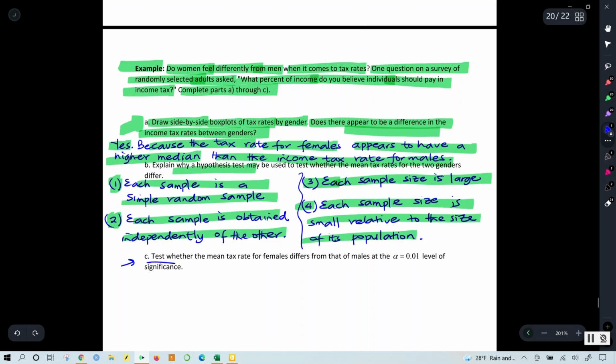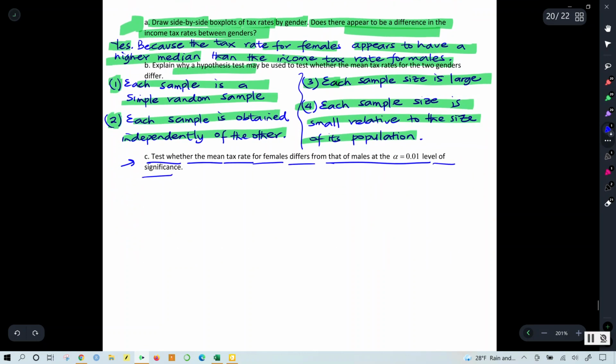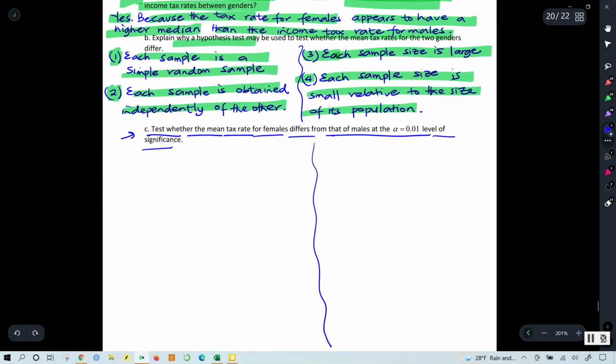Question C. We're to test whether the mean rate for females differs from that of males at the alpha equals 0.01 level of significance. What you need to do in this case is, first, define the mean tax rate for males and the mean tax rate for females.